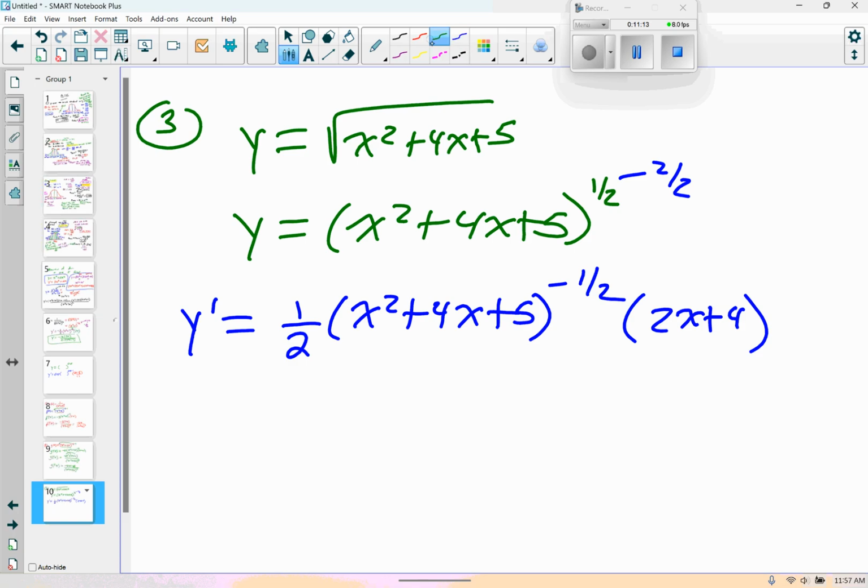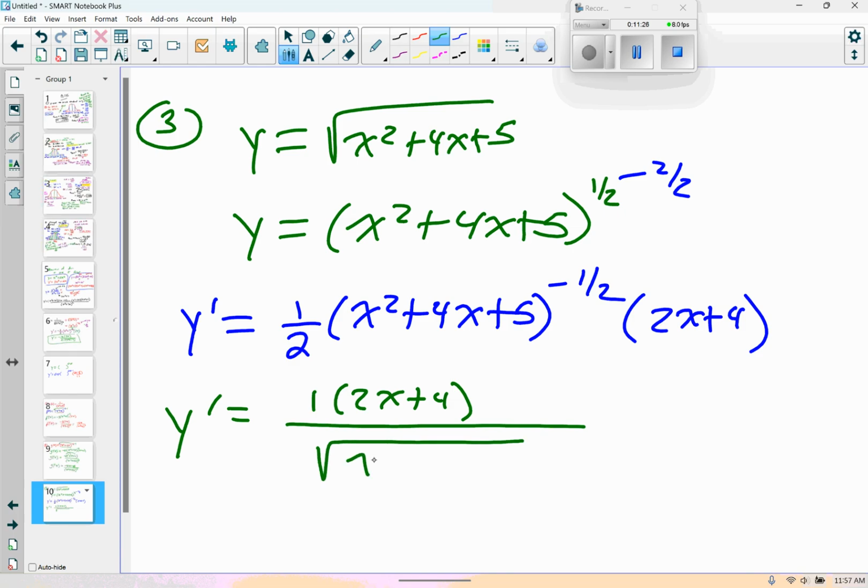Let's clean it up a little bit. So I get 1 over 2x plus 4 over the square root of x squared plus 4x plus 5. I guess you don't really need that 1 there. Oh, and I forgot a 2.